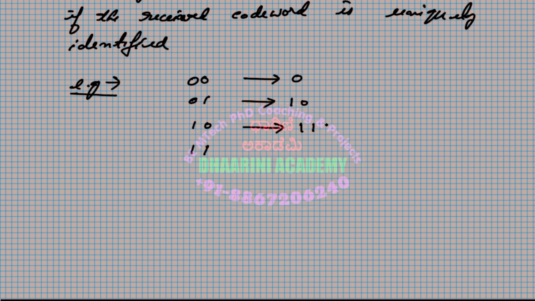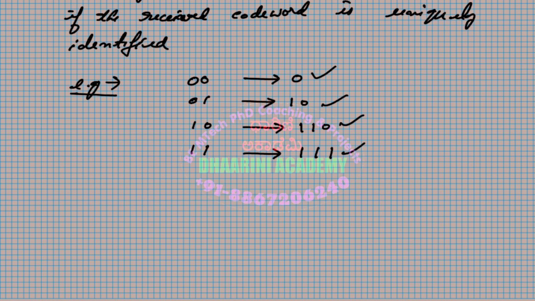Now you see this is 110. You code the next symbol as 111. So from the received sequence, I can clearly distinguish between the various samples. Because of this, it is said to be the uniquely decodable code. Anyway, let's move further.